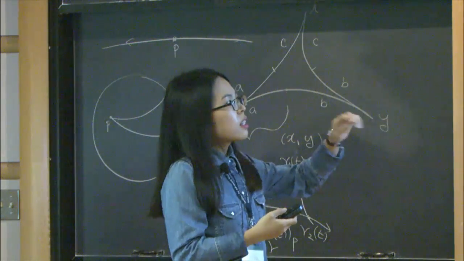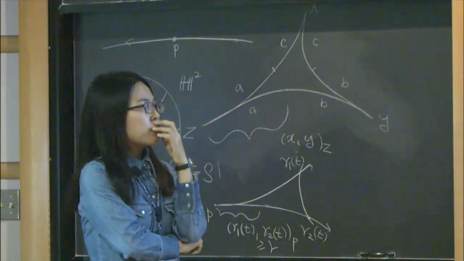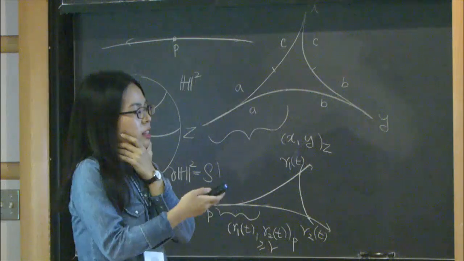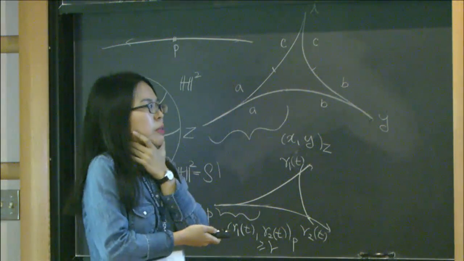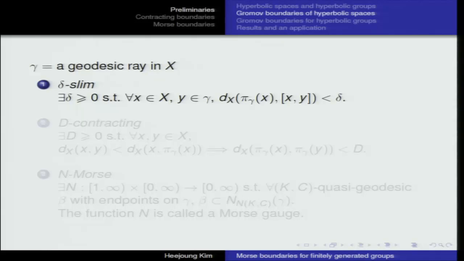So more precisely, let gamma be a geodesic ray in X. Then first of all, gamma is delta-slim, which means there exists delta such that for any points X and Y on the ray, the distance between the projection of X and any geodesic with endpoints X and Y is less than delta.